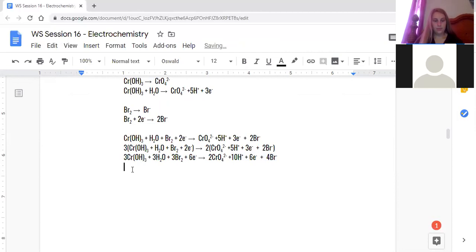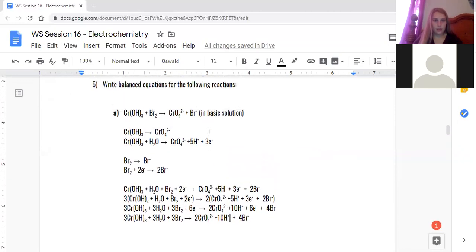And then we look and we see what's the same. So we have electrons on both sides that we can get rid of. So we have 6 over here that we don't need, and we have 6 over here that we don't need because they're exactly the same, so they cancel each other out. Okay, and then we look, and do we have anything else that's the same? No, we do not. So here we go.